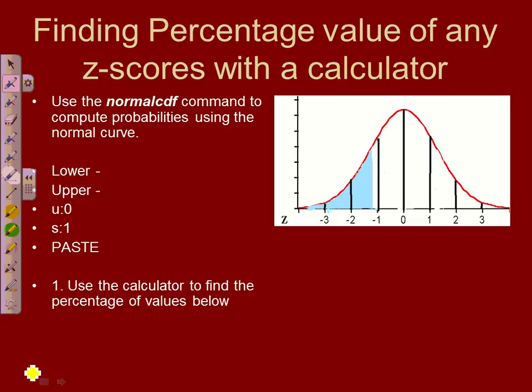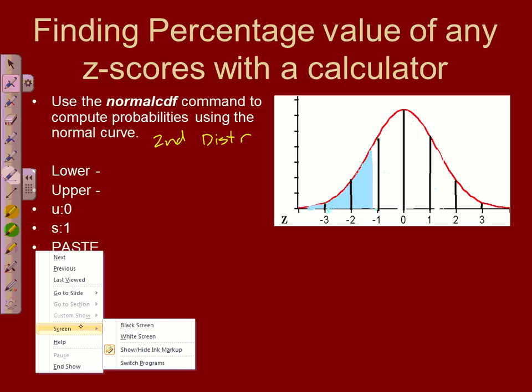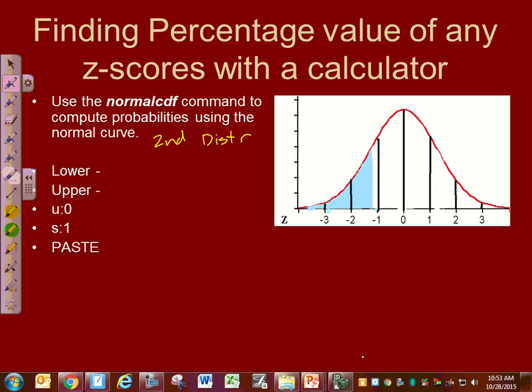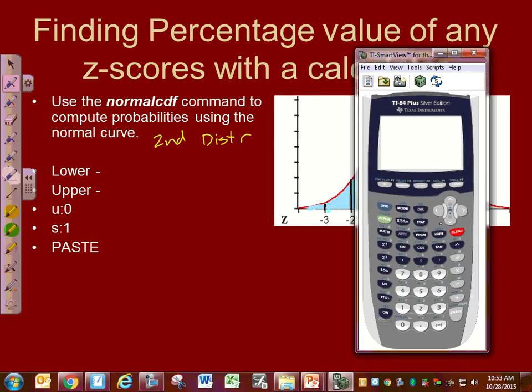Now, to find it, you are going to press second DISTR. It depends on what kind of calculator you have. It is over VARS. Let me get my calculator out and I'll show you where it is. So, right here is VARS.